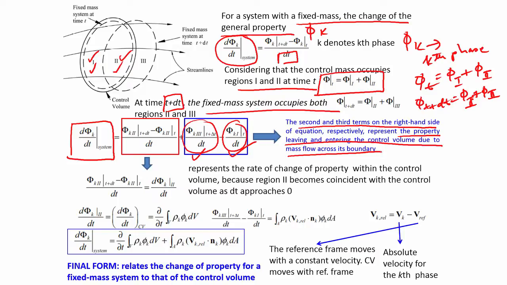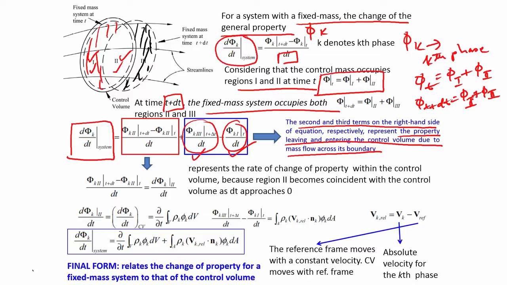If you look at the control volume, you can find that 1 is this particular shaded region, right. Okay, so if I change the color of my pen, let us say I use black now, black will be region 3, correct.